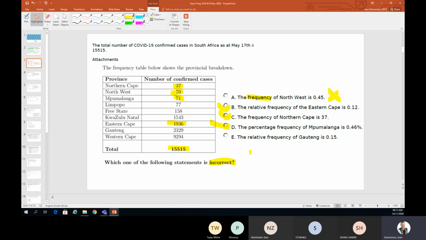And then the last one, the relative frequency of Gauteng is 0.15. So Gauteng, you just say 2329 divided by the 15515, 0.15.